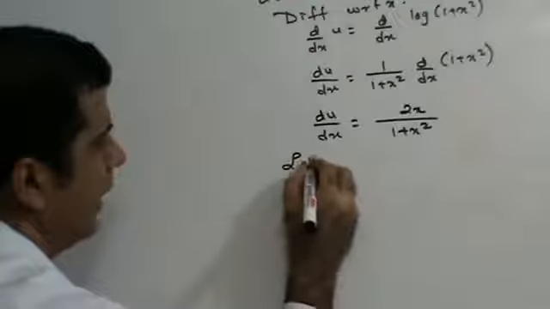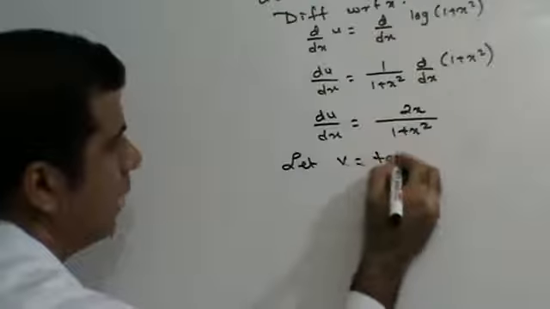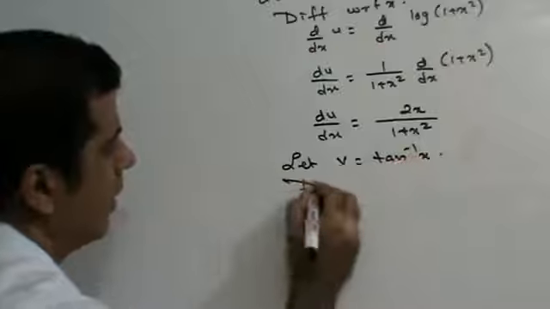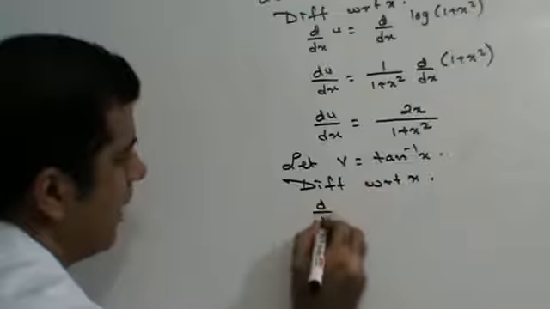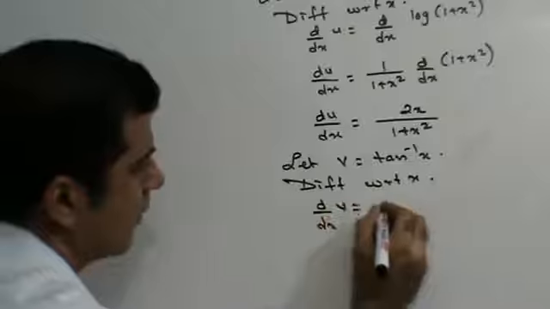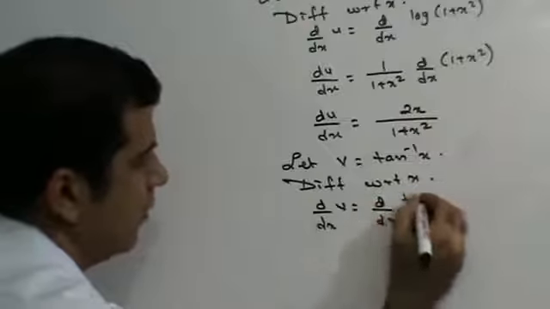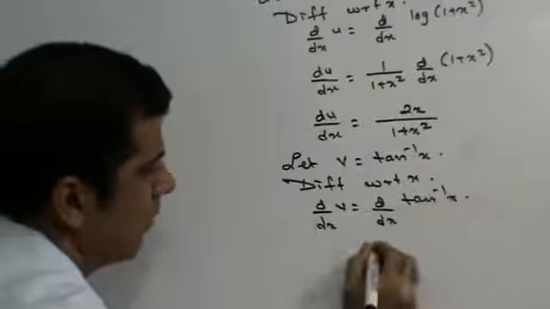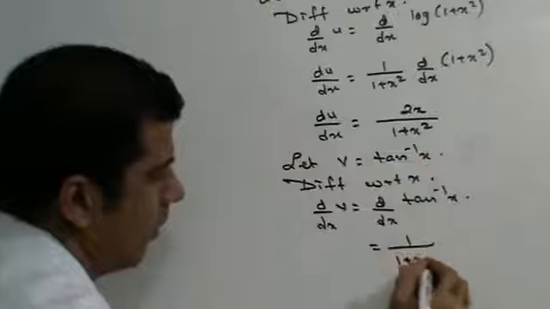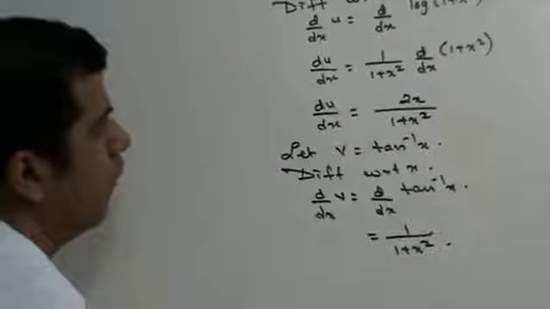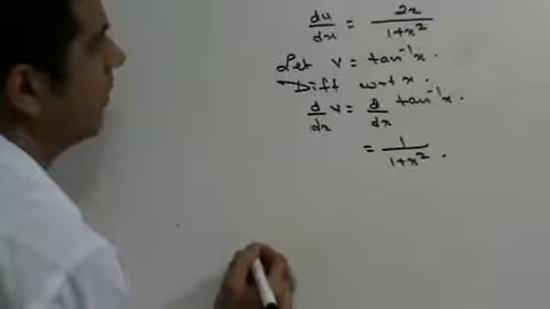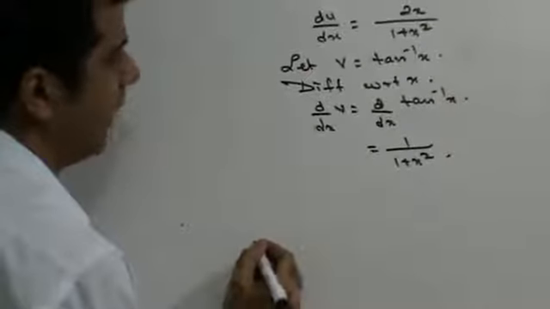Now let v be equal to tan inverse of x, differentiate with respect to x. So you will get d by dx of v is d by dx of tan inverse of x, which is nothing but 1 upon 1 plus x square. You have to differentiate log of 1 plus x square with respect to tan inverse of x.